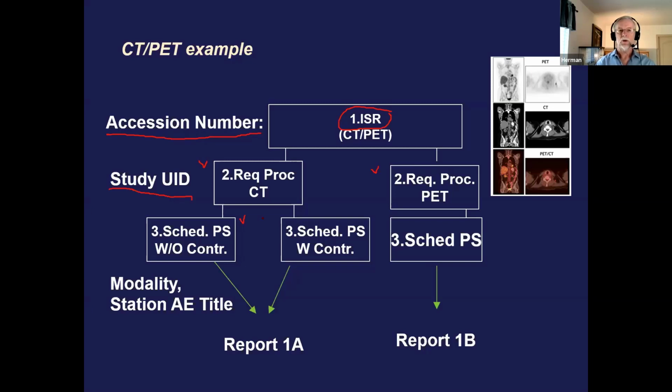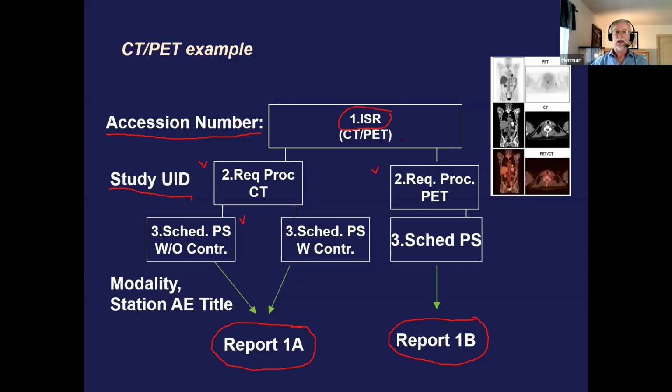Now, where the tricky part comes in is that if you have a PET-CT, and for whatever reason, you would like the nuclear medicine radiologist to look at the PET images, and, let's say, the neuroradiologist to look at the head images, we end up with 2 reports.